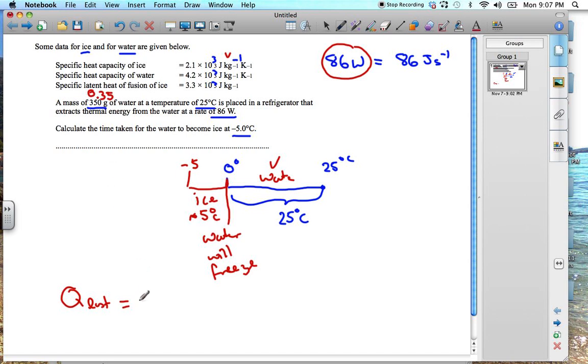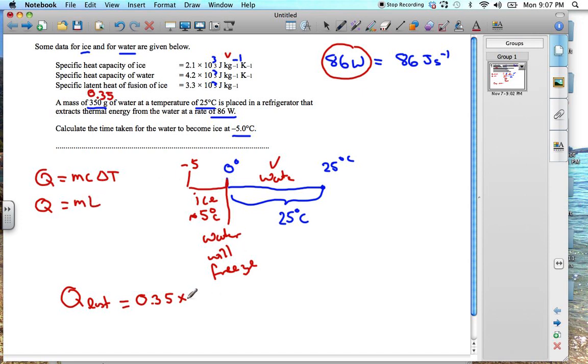So we have 0.35 times the specific heat capacity. Obviously we're using these two formulas over here. Let me just write them up. Q is equal to MC, change in T, and Q is equal to ML when you have a change of phase.